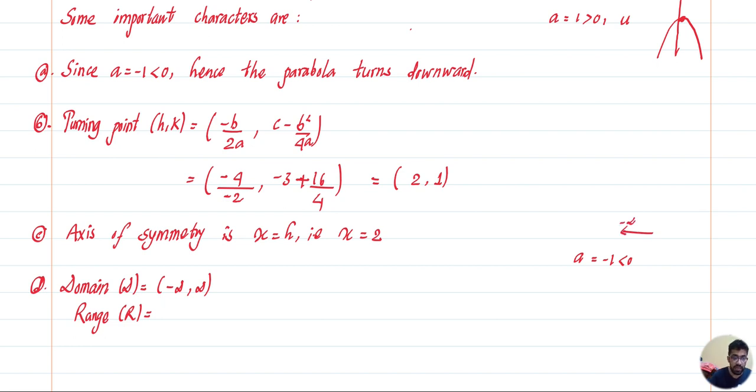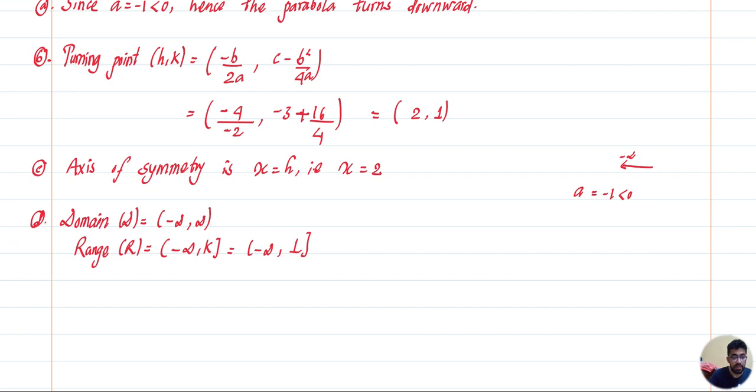So our range ranges from minus infinity to k. What is the value of k? We can find the value of k by comparing 2 comma 1 with h comma k, and k is equal to 1 here, so minus infinity to 1 is our range.